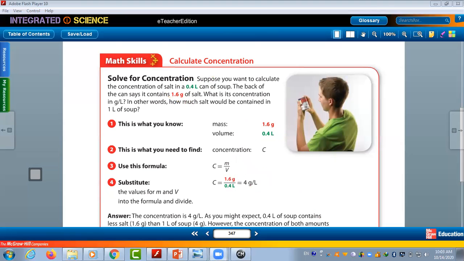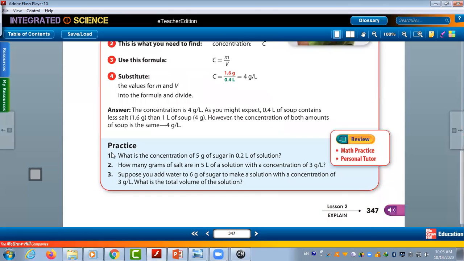Okay, now we have a problem. All the class will answer question number 1 and send me the answer on chat. Question number 1: What is the concentration of 5 grams of sugar in 0.2 liter of solution? Everyone, do number 1 now and send me the answer on chat.